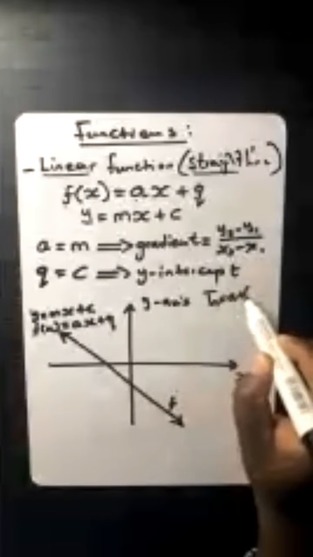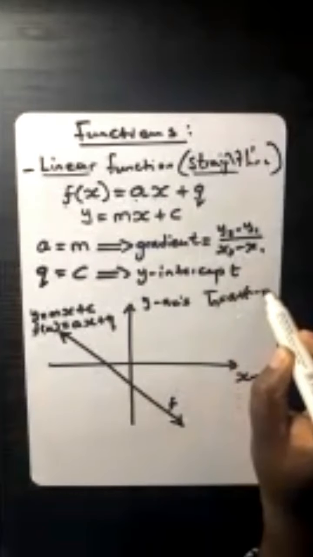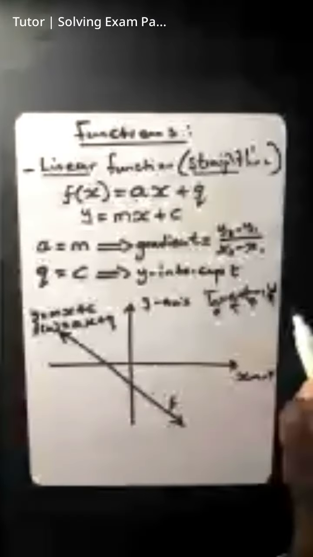It's more like a formula for a straight line, just like your formula for a sequence and series, a plus n minus 1 d. It doesn't change. You just need to know what each one is.